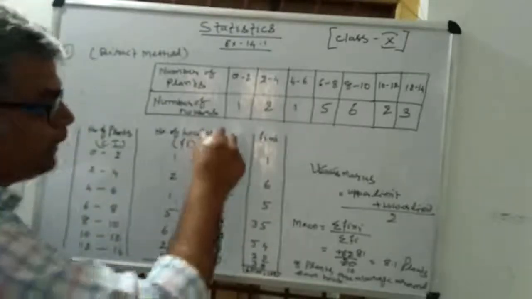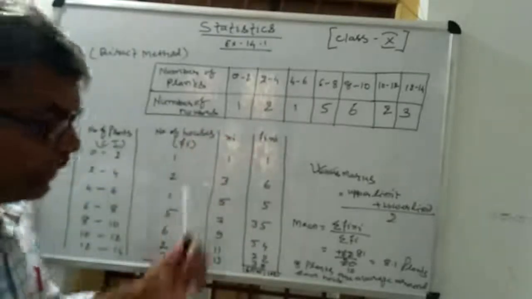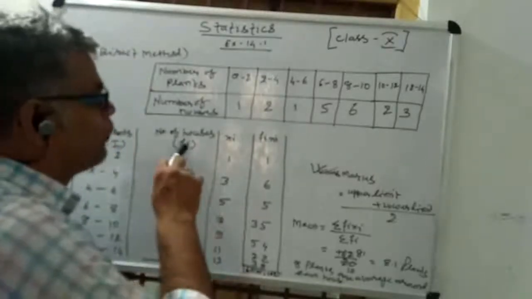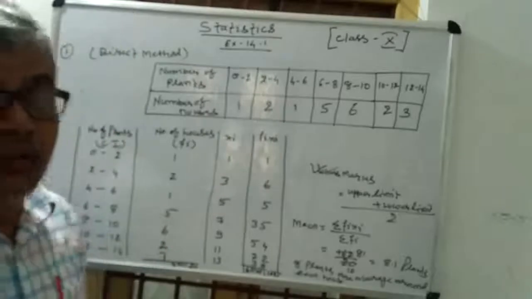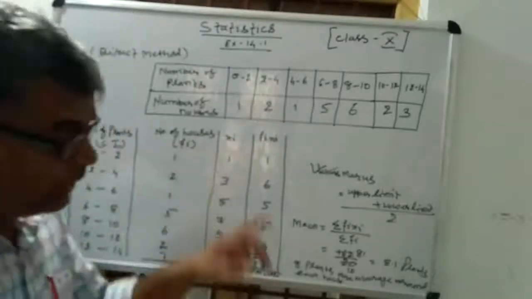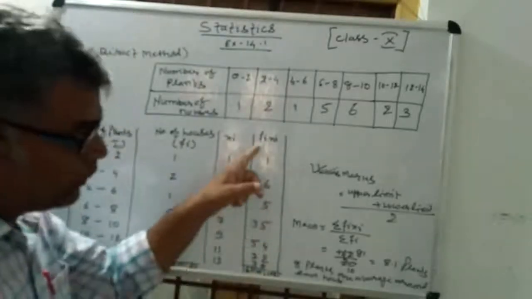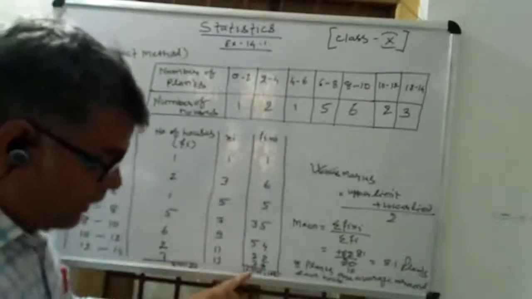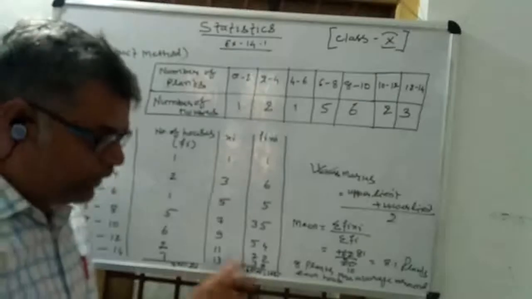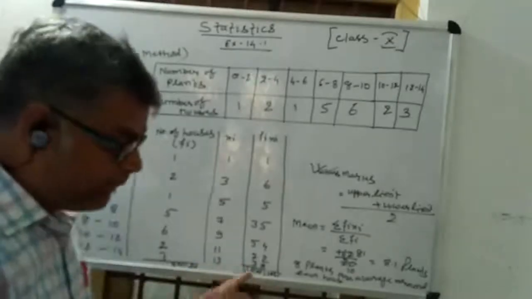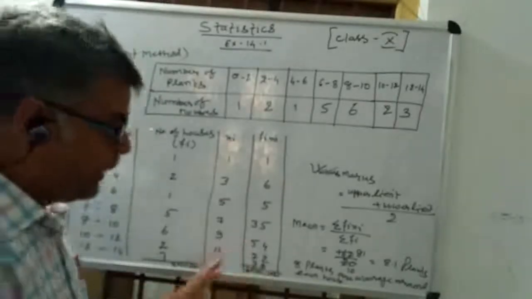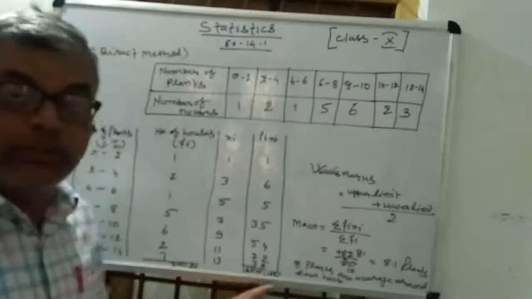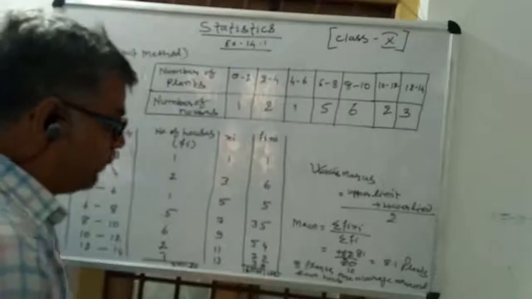And similarly we calculate class marks for each class, and thereafter we multiply the corresponding frequency with their class marks. So we get the product of Fi into Xi, and after getting the sum of Fi Xi, that is sigma Fi Xi, we got the value for sigma Fi Xi equals 162.